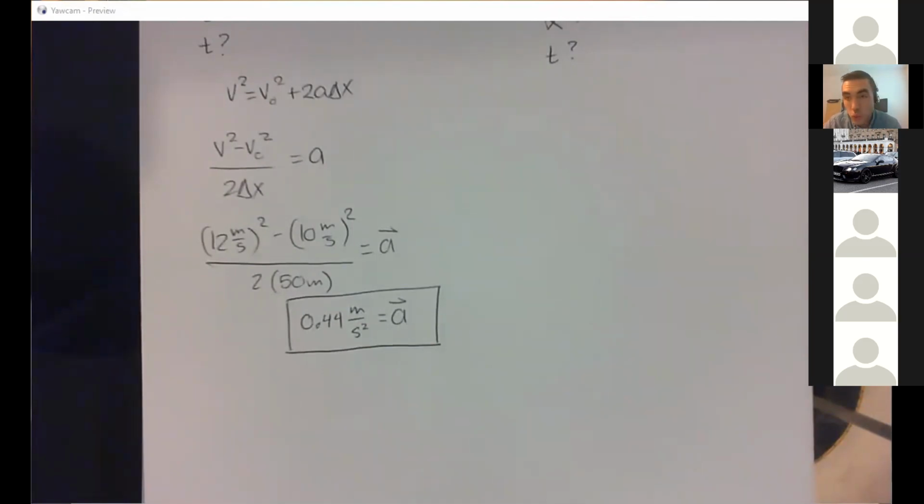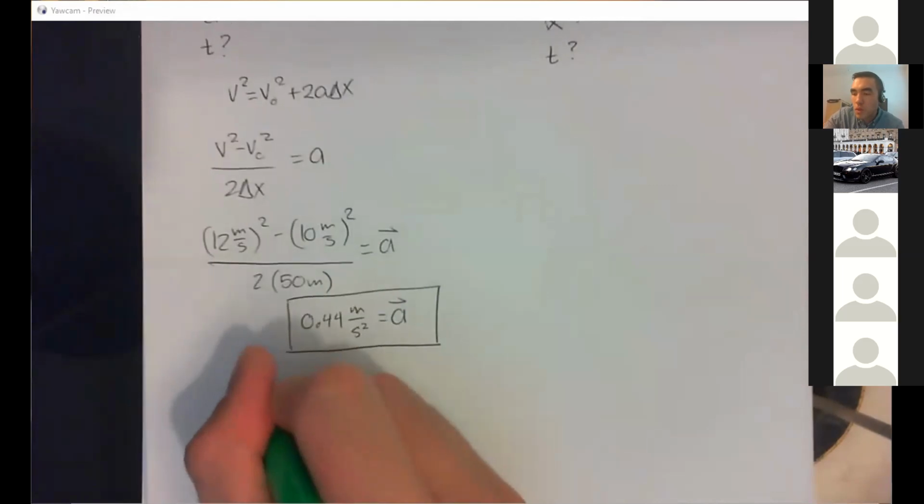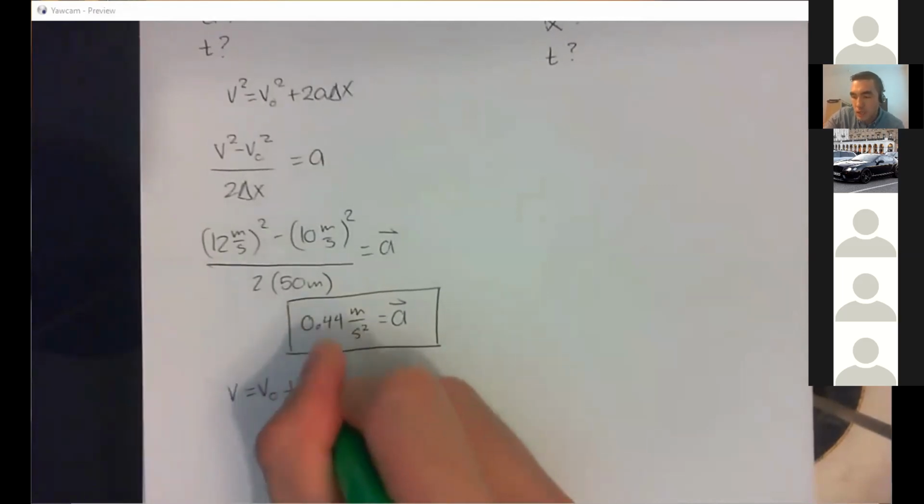Solving 1 or 2 would both give us the same answer, except to solve equation 2, you would be solving some sort of quadratic equation. You can get the correct answer by using equation 1, which will give it to us from a simple linear equation. V is equal to V sub O plus AT.